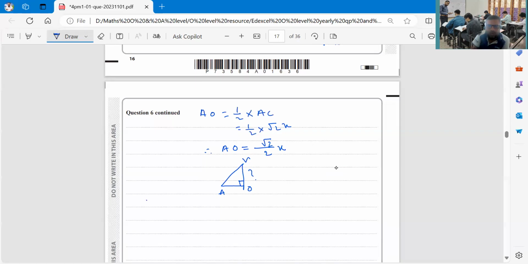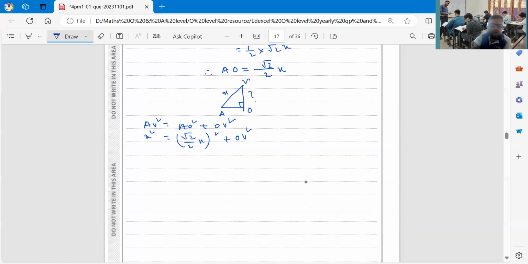So the formula is Pythagoras: AV square equals AO square plus VO square. AV represents x here, so you can write x square equals AO, root 2 by 2 x, whole square, plus VO square.